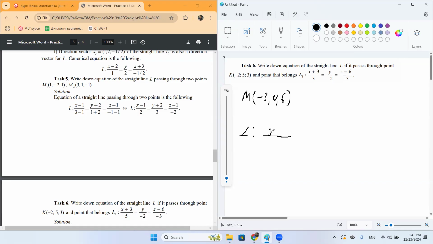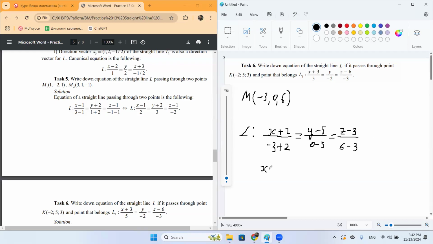Okay, so x minus 2 and x plus 2 and minus 2 divided by minus 2 minus 3 plus 2 equals y minus 5 by 0 minus 5, and z minus 3 by 6 minus 3.